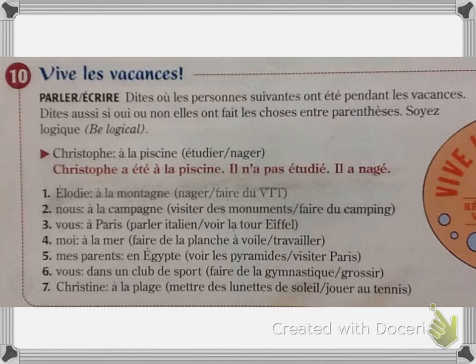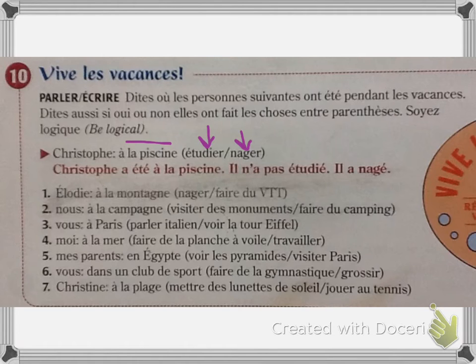Also say yes or no if they did the things in parentheses. Be logical. So we have Christophe à la piscine, étudier, and nager. So we know Christopher is at the pool, and would he study or would he swim?